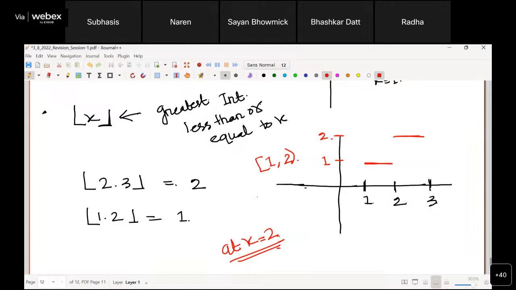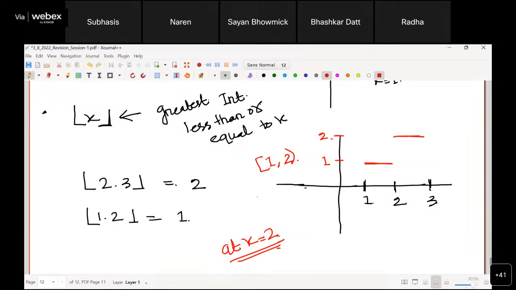Correct. Since this function is not continuous, I don't have to check differentiability. Certainly, this function is not differentiable at x equal to 2. Similarly, this function is not continuous at all the integer points, and it is not differentiable at integer points.